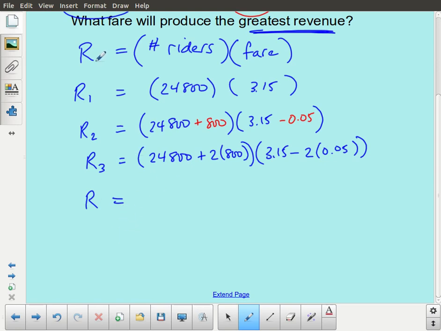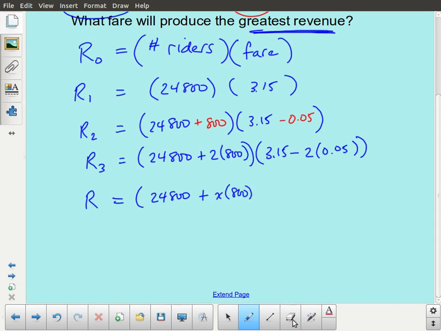You know what, I'm going to number this R0. This was the initial value. So what can I do? I can start with 24,800 riders, and I can add 1 times 800 or 2 times 800 or 3 times 800 or x times 800.